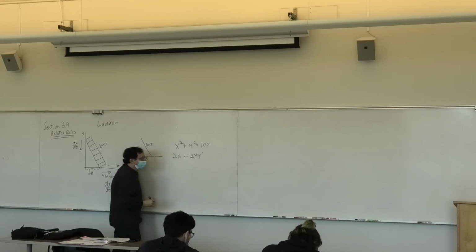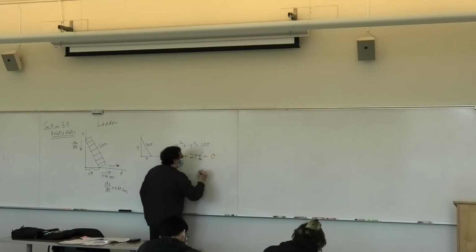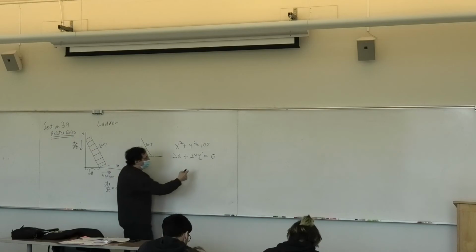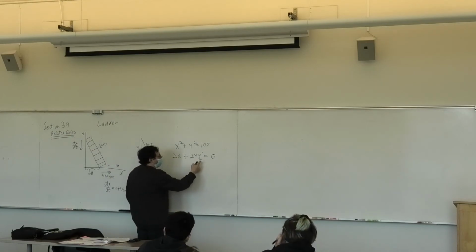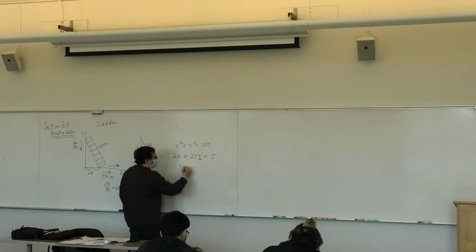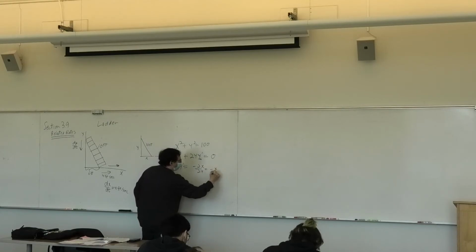That's the chain rule coming in here. And the derivative of 100 is 0. So now we can solve for y prime. y prime equals negative 2x over 2y, or negative x over y.